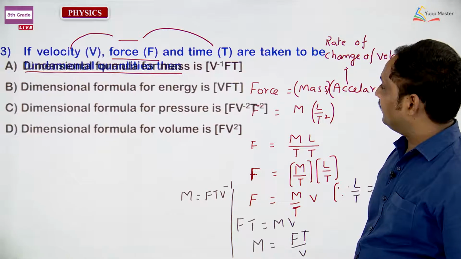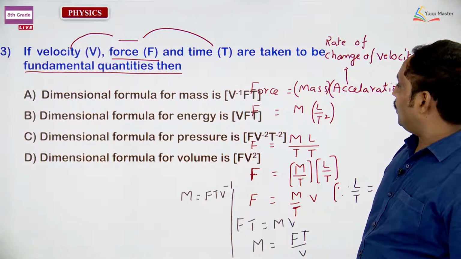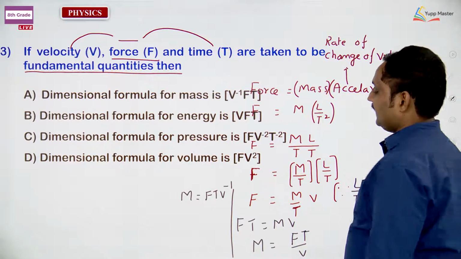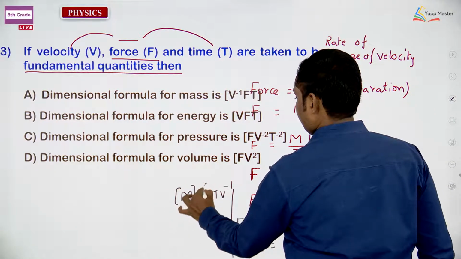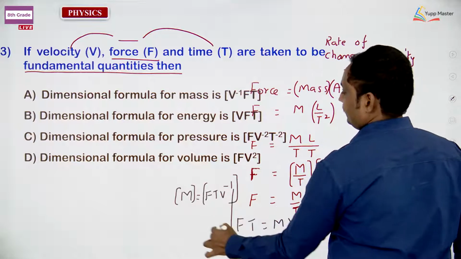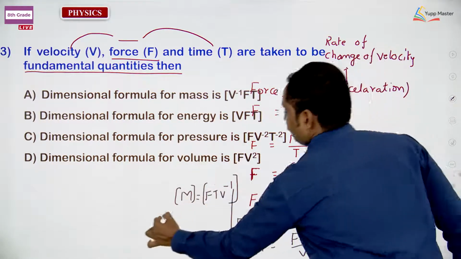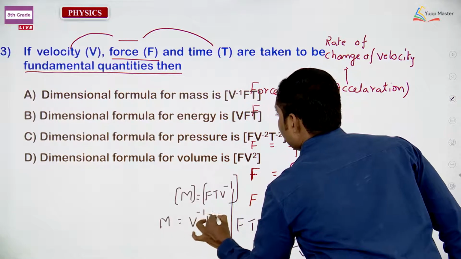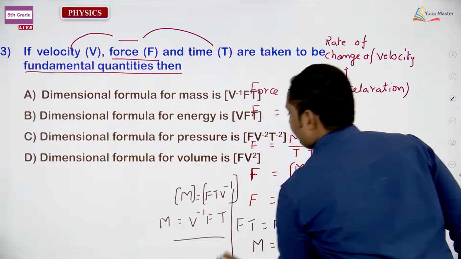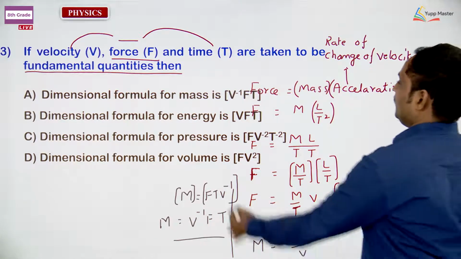Please see that. The dimensional formula for the mass is, yes, it's very clear. For the mass, what they have given in the first option, m is equal to v minus 1 F t. This is the correct one. First one is the correct one.